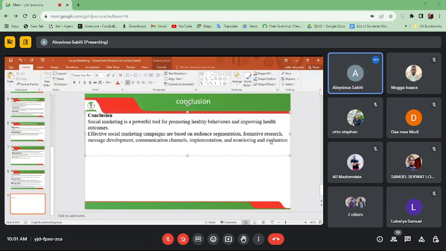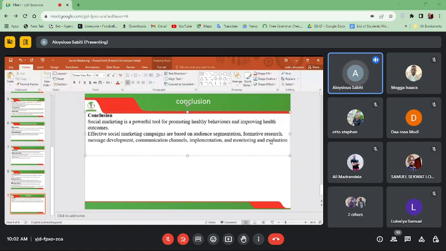So if you're able to understand these about six strategies through which you can implement a social marketing strategy in health promotion, then your activities will be very effective in trying to change the behavior of individuals.